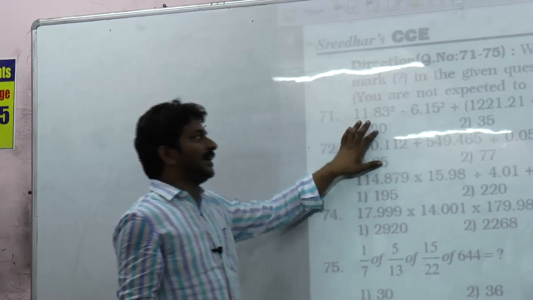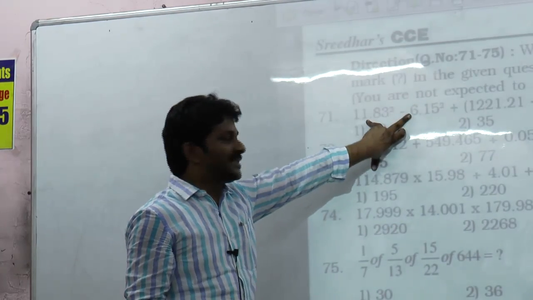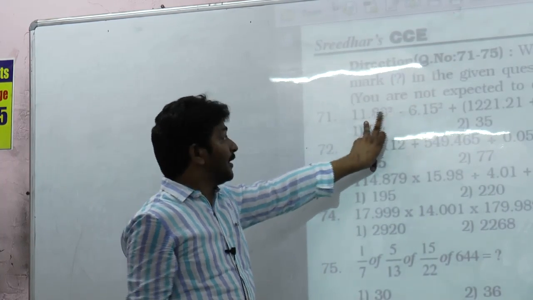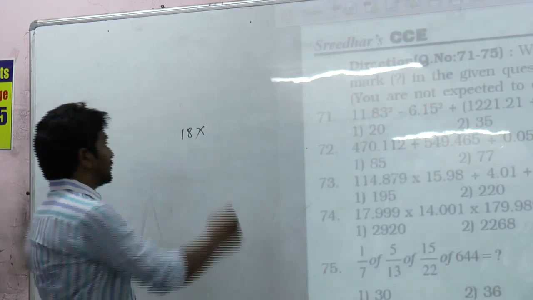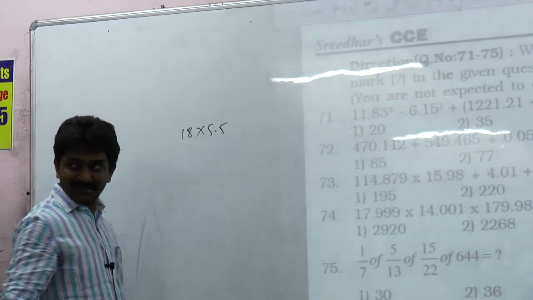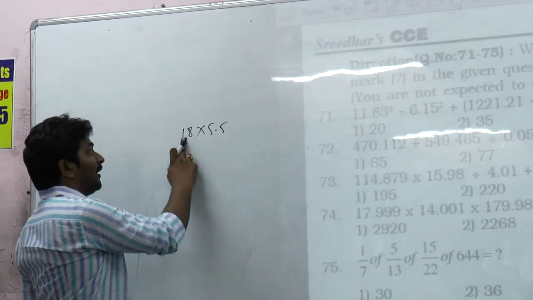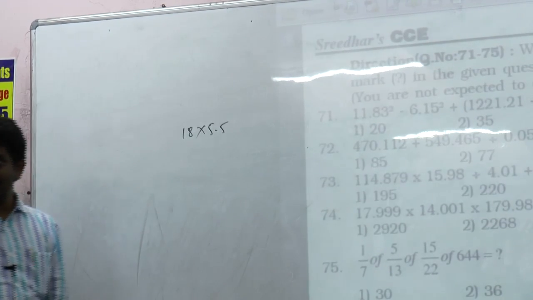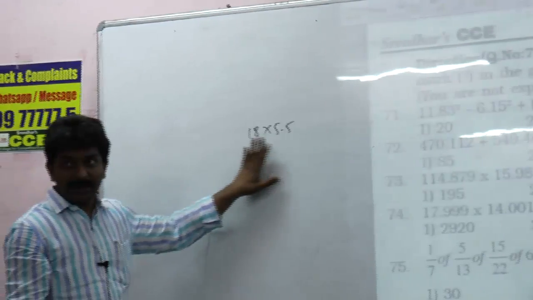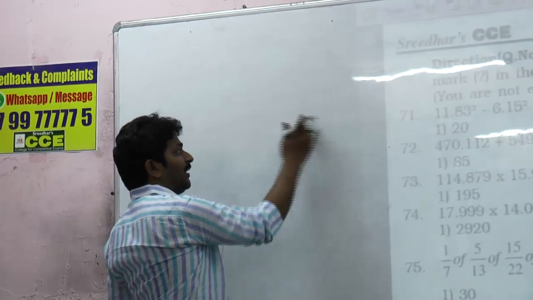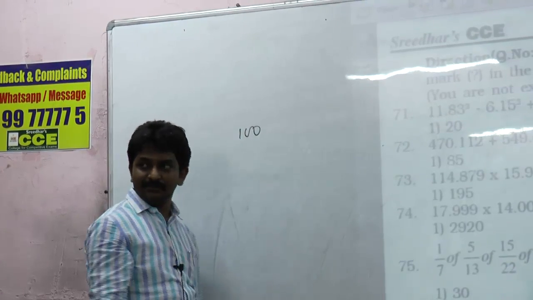A plus B is 18 into A minus B. 11 minus 6, 5. 0.83 minus 0.15 is near about 0.5. So that is approximately 5.5 times. 18 into 5 and a half times 9, 99. So that is total near about 100.